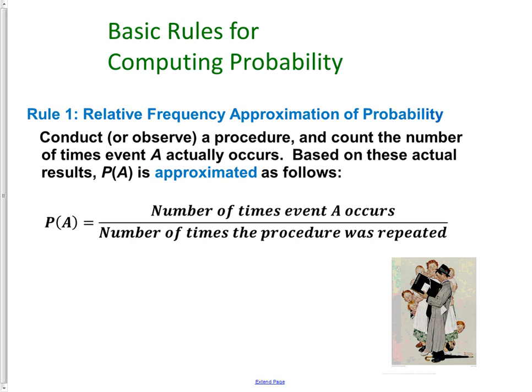There are 3 basic rules for computing probability that you should know. One method of computing a probability is called a relative frequency approximation, that is, by experiment.